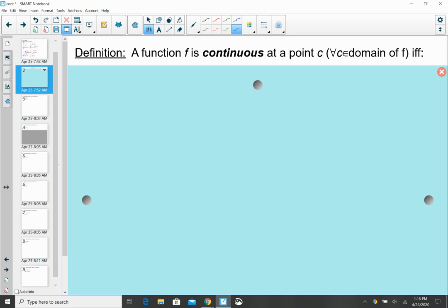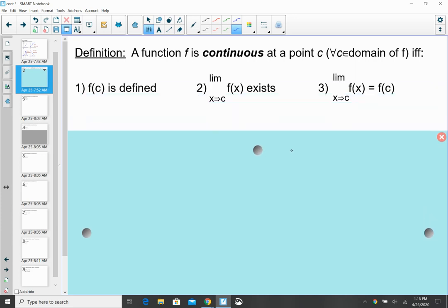A function f is continuous at a point c, for any c value in the domain of f, if, and that's not a misspelling, I'll come back to what that "iff" with the double F's means, there are three criteria. Here are the three criteria. If you want to pause and jot these down, it's a very specific definition.